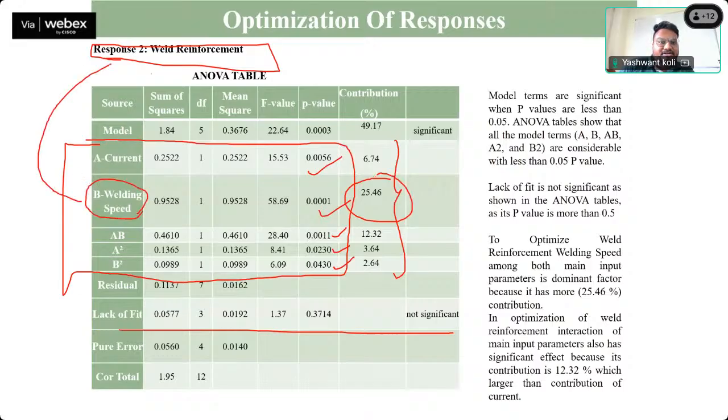So welding speed is the dominant factor for weld reinforcement. If we change welding speed by small values, the weld reinforcement will change drastically as compared to the current values. If we change current values, that much change is not observed as compared to welding speed. So we can decide that after checking significance only.